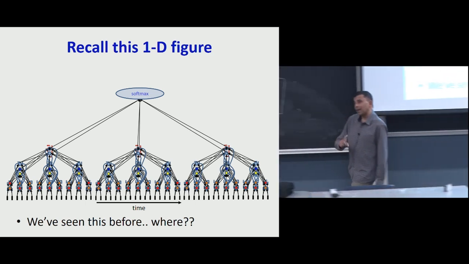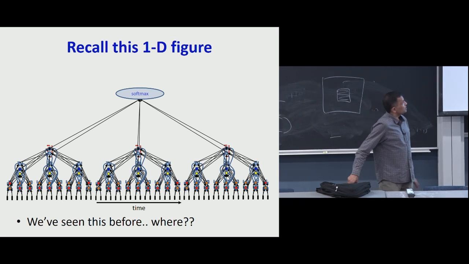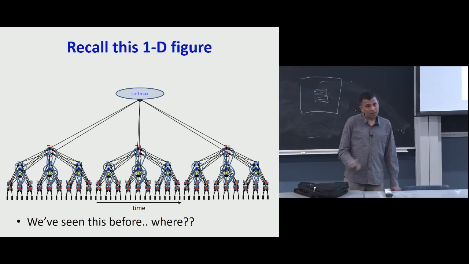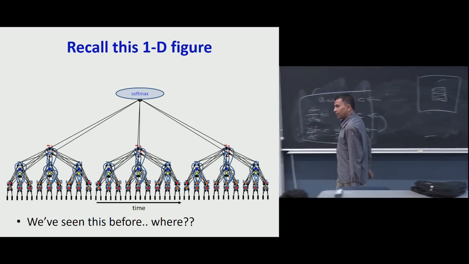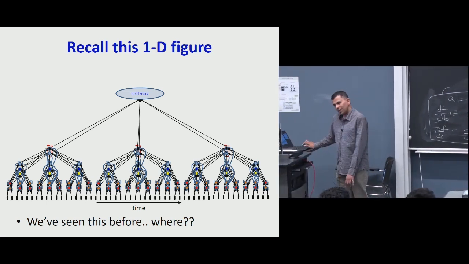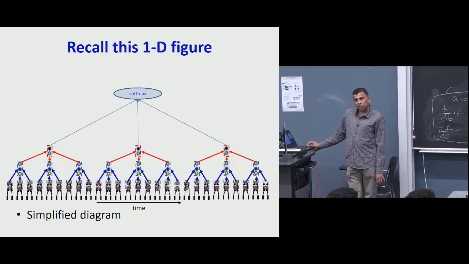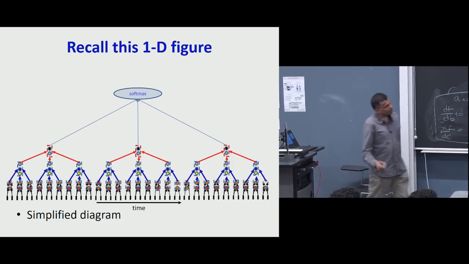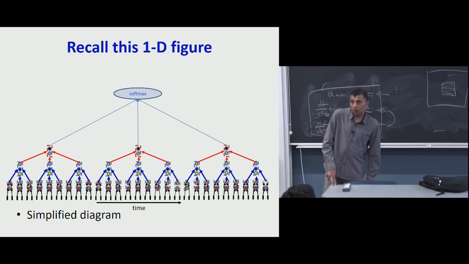So the second bar is scanning the output of the first layer of filters. The next bar, the pink bars, are scanning the output of the second layer of filters, and so on. And then all of their outputs finally are used to perform your softmax, right? So I'm going to use this simplified notation where each arrow means that every component at the input connects to every component at the output, okay? Observe the structure.